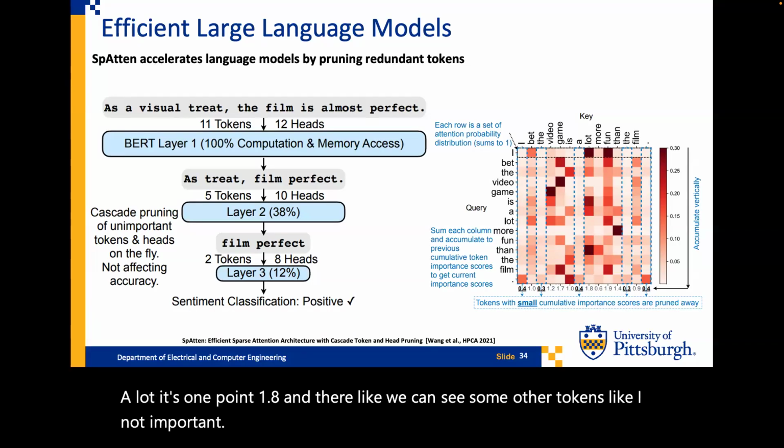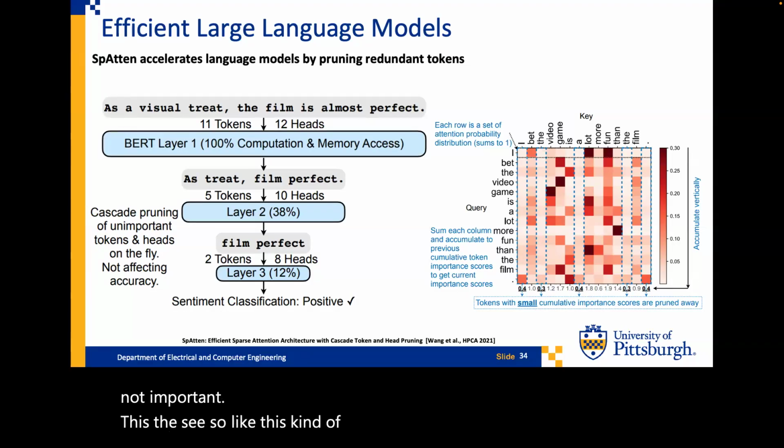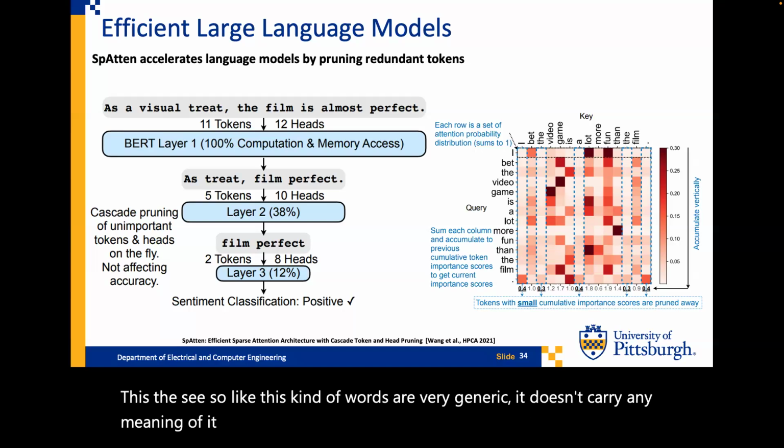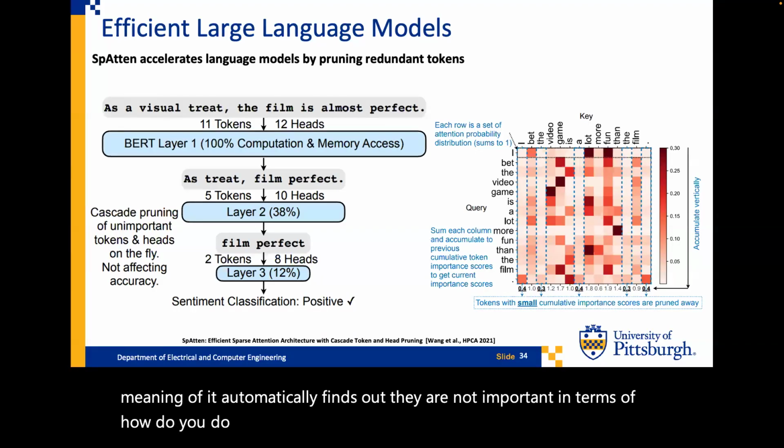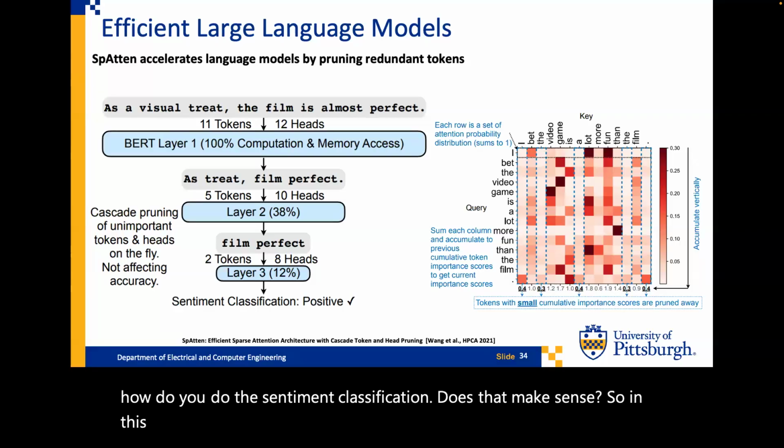This, the. So these kinds of words are very generic. They don't carry any meaning. It automatically finds out they are not important in terms of how you do the sentiment classification. Does that make sense?